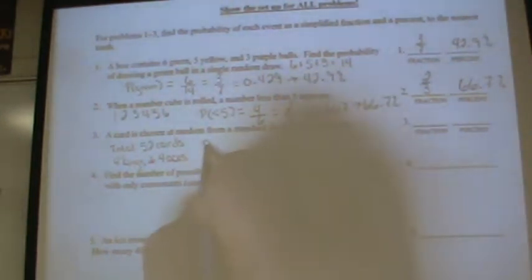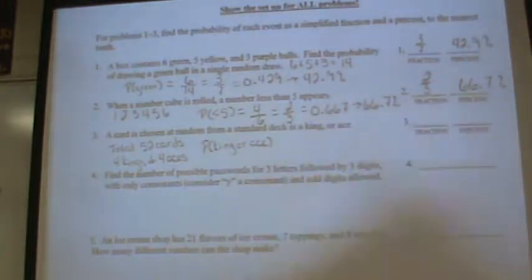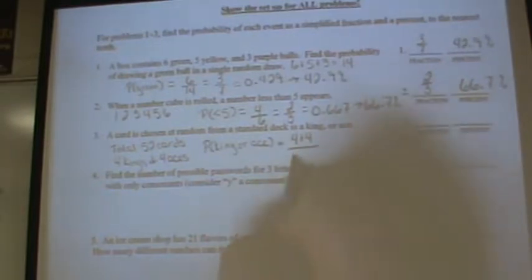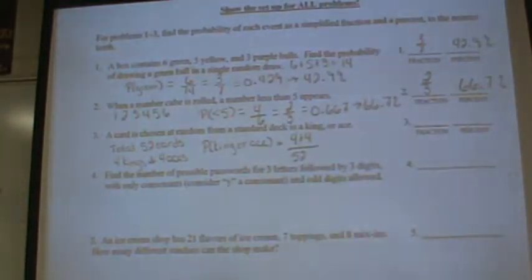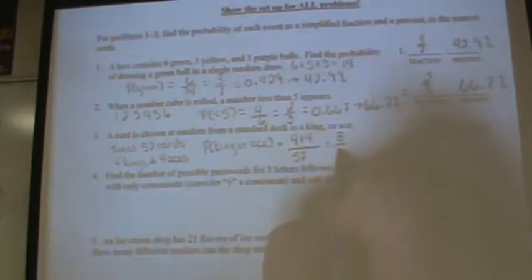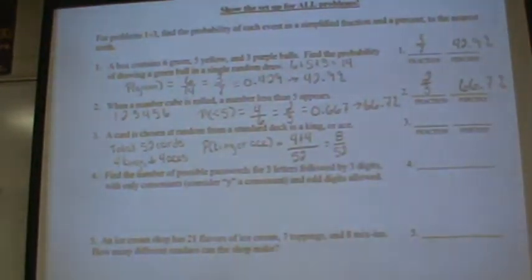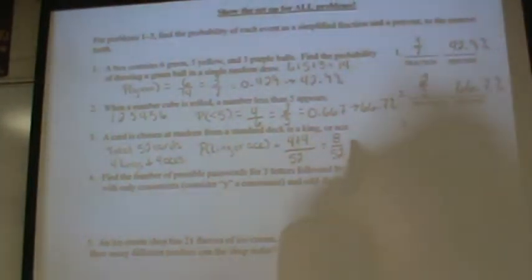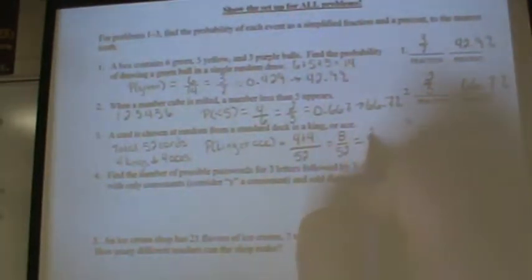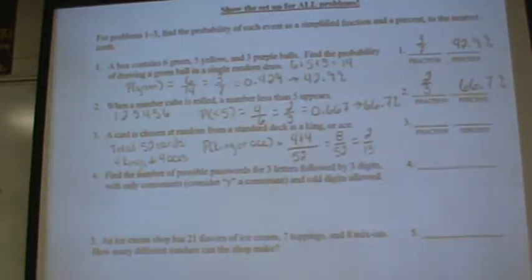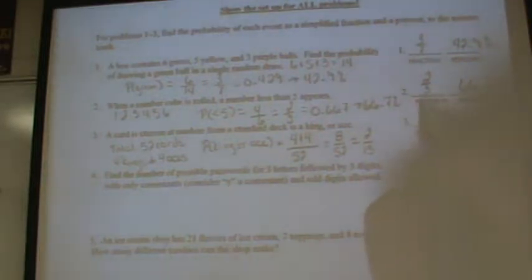So probability of king or ace equals the 4 plus 4 over the 52. So that's going to give you 8 over 52. And again, you can simplify this fraction and you get 2 over 13. So your simplified fraction answer is 2 over 13.